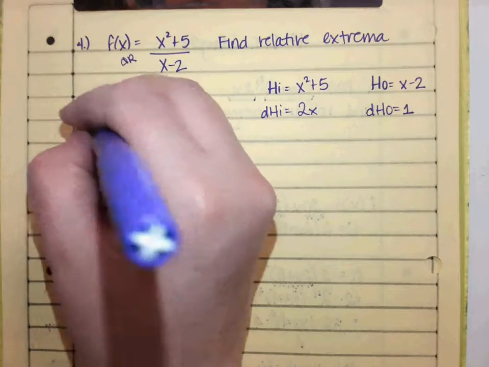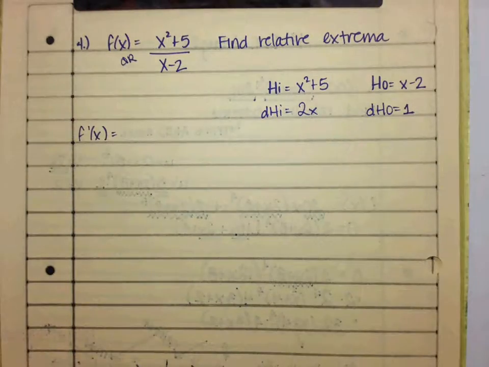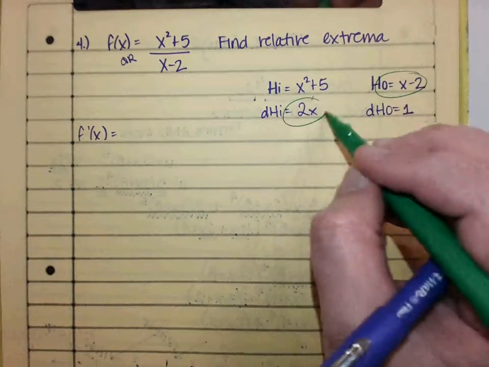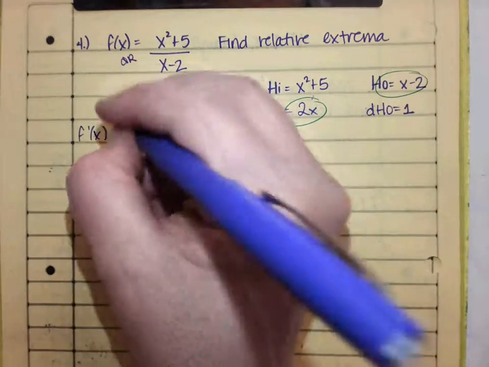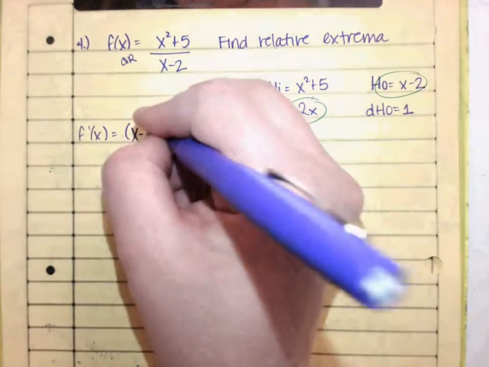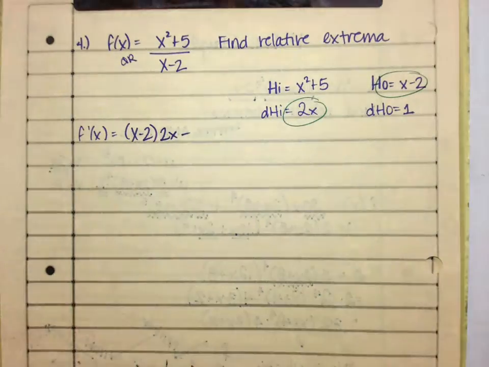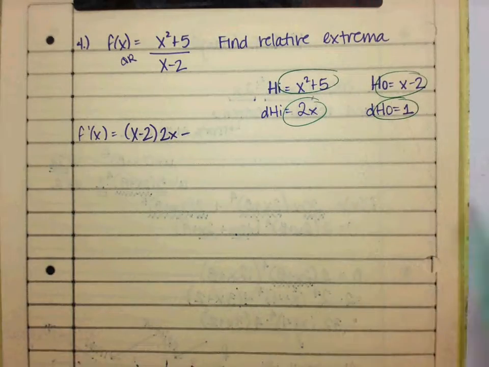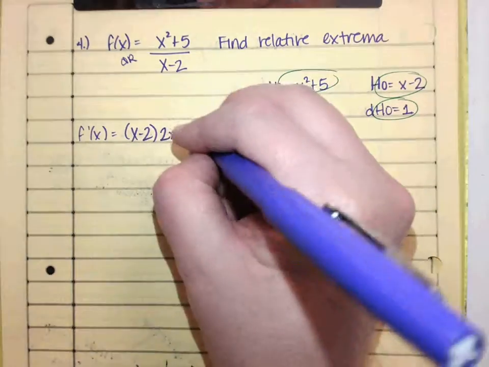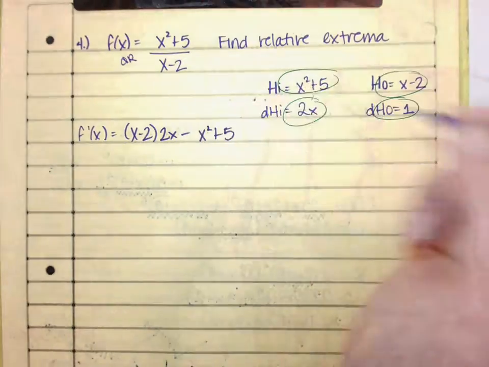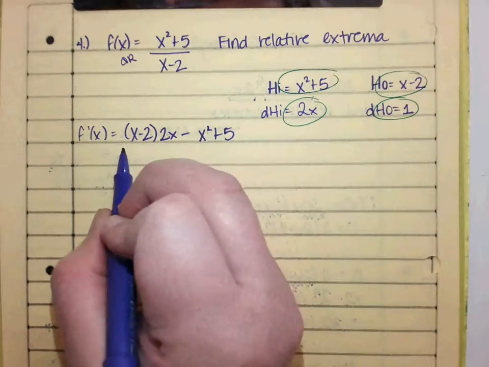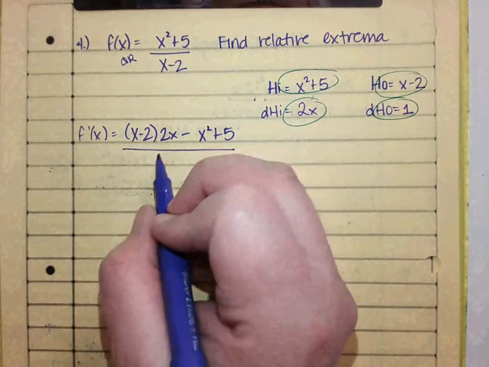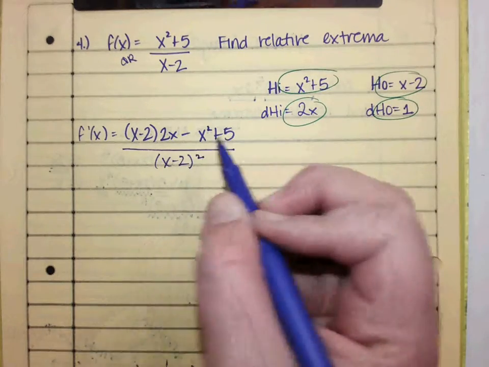So f prime of x equals, remember it's ho d high first, that's these two. So I have x minus 2 times 2x minus, then I need high d ho, which is x squared plus 5 times 1. Okay, and then the 1, I'm not going to put that. Then all divided by ho squared, which is x minus 2 squared.